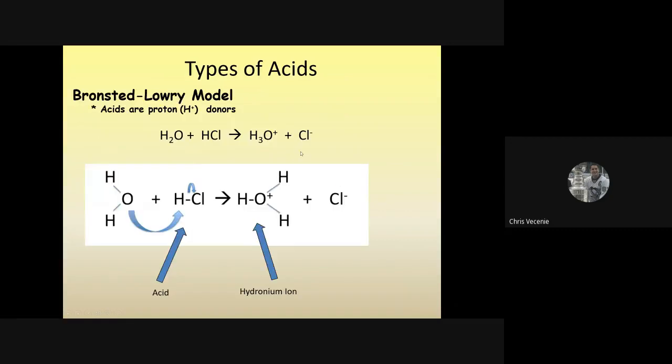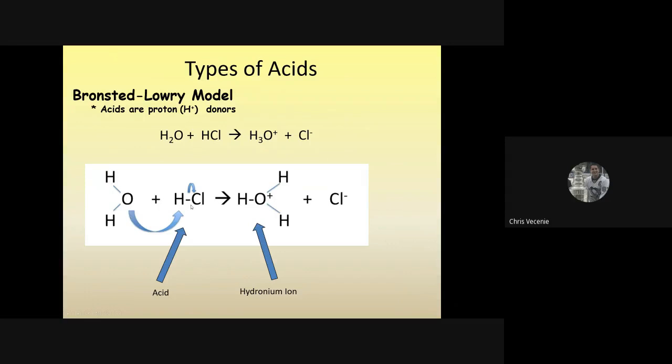Well, that ties into the second type of acid, which is called a Bronsted acid. And more generically, we've figured out that acids are proton donors. They like to give away hydrogens, or they allow their hydrogen to be taken.